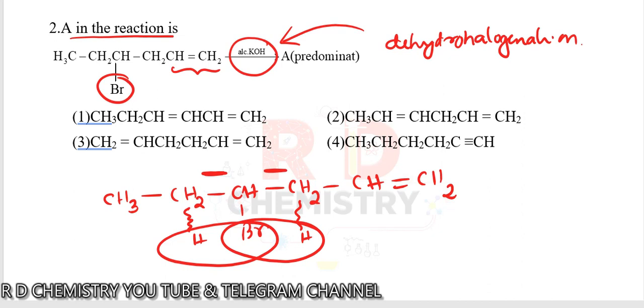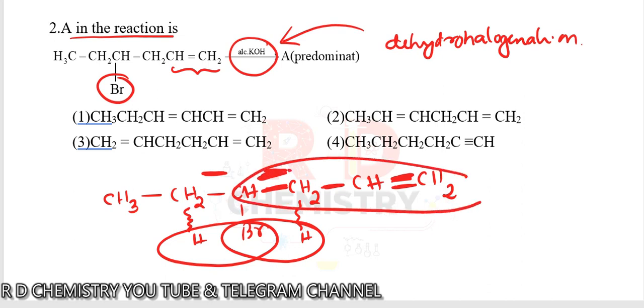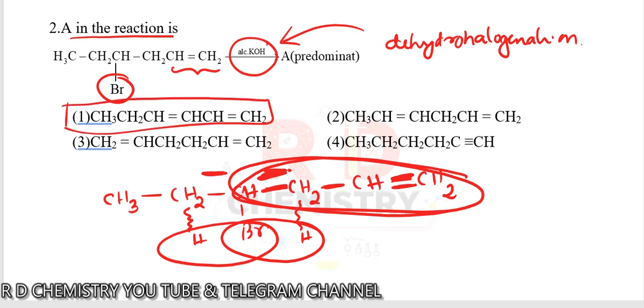Now, which compound will be more stable? Now, there already is a carbon-carbon double bond. If there is a carbon-carbon double bond again in conjugation, then that alkene will be the more stable alkene. So, extended conjugation makes the alkene more stable. Okay? Therefore, answer is option number 1. Clear?